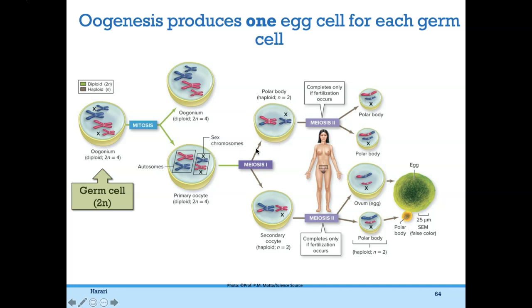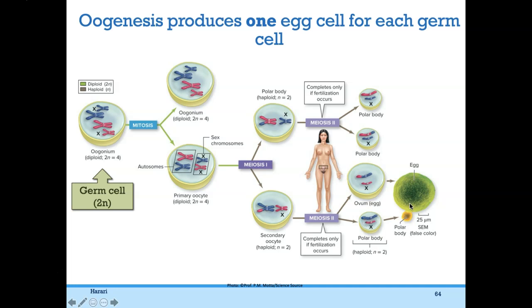It could even divide into two other polar bodies in meiosis II, but these polar bodies will be discarded. We don't care about these. Only the secondary oocyte will complete meiosis II if a sperm enters, and then it will do another asymmetric division where you have one large egg. A mature egg is called an ovum, and then you have a little polar body that gets discarded again.